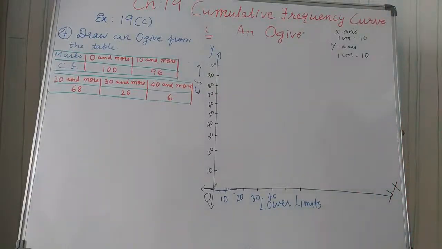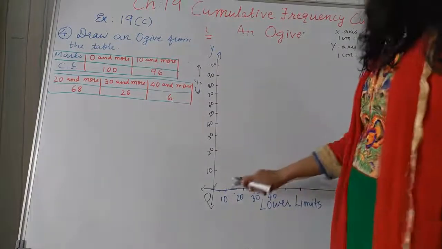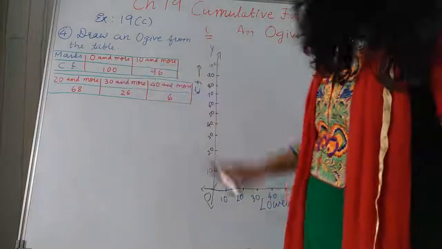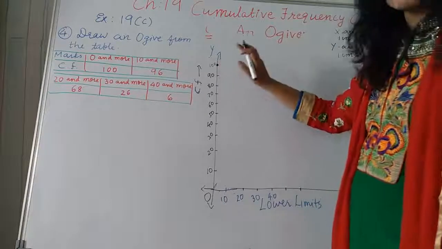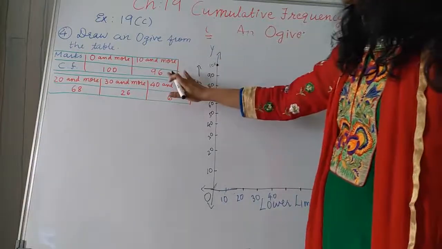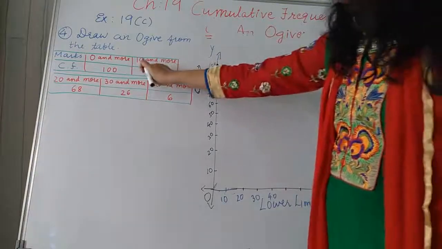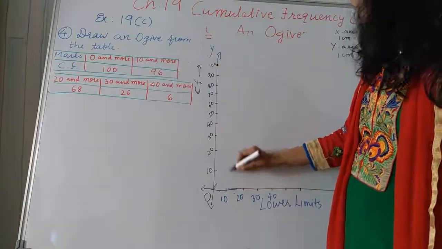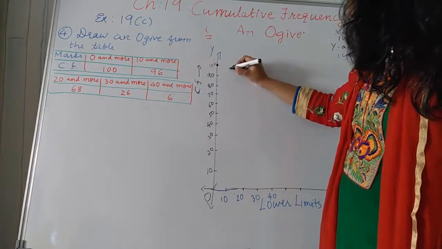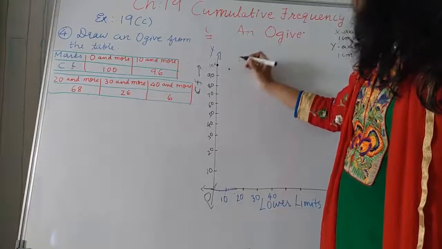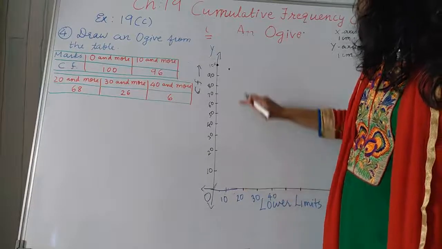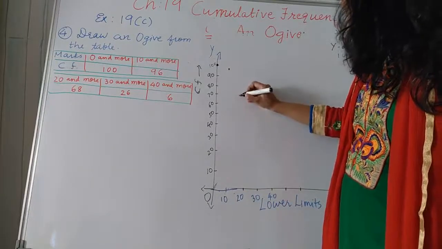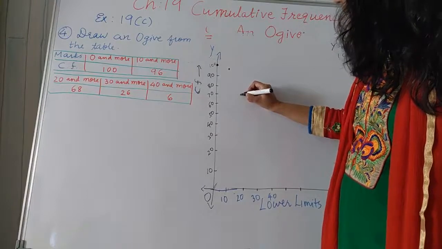Now let us mark the points and draw the more than type of ogive. So first of all, 0 is 100. So that will be marked on the y-axis itself. Then next to it is 96. So lower limit is 10. So we have to take 10 and 96 will be somewhere here. Then 20. So 20 here and 68 will be marked here.